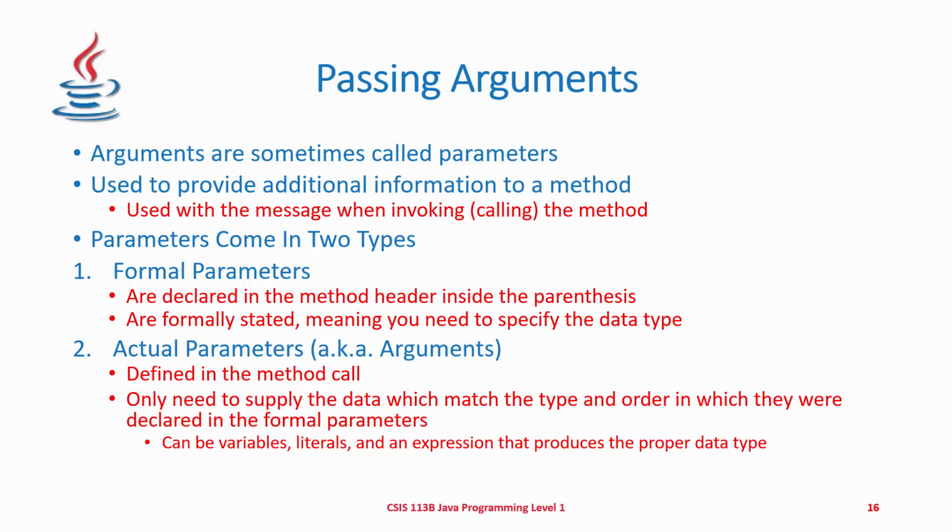Now you need to supply the data that is going to match both type and order in which they were declared in the formal parameters. So we'll look at that here in just a second. But they can be of several formats. They could be variables, they could be literals, or some sort of expression that produces the proper data type.